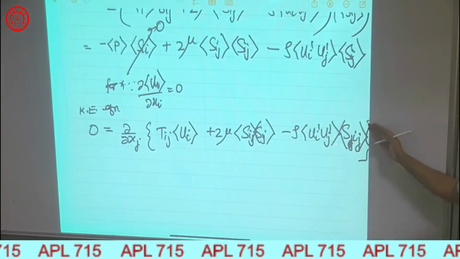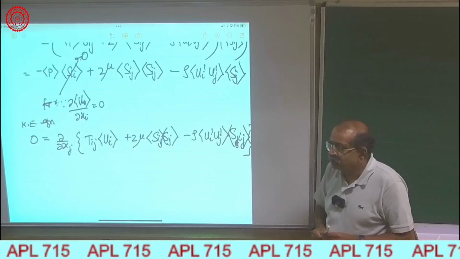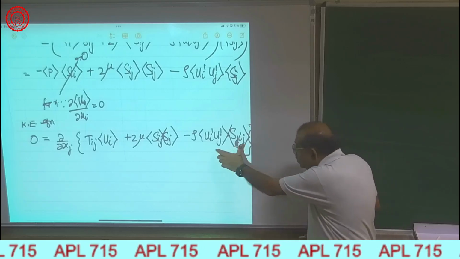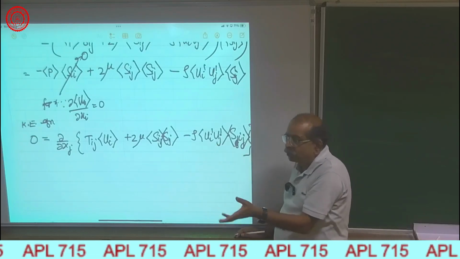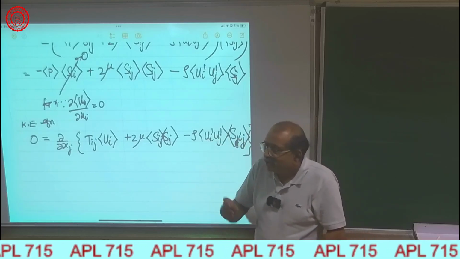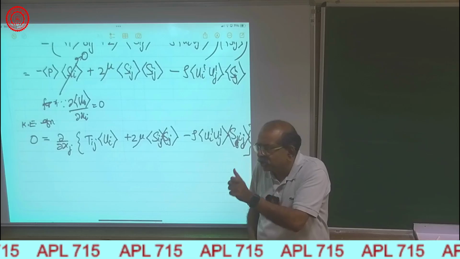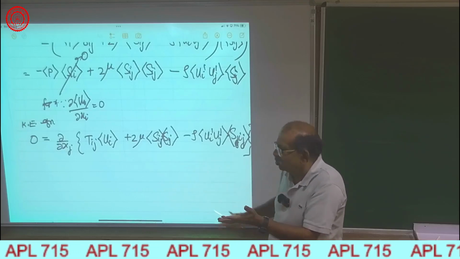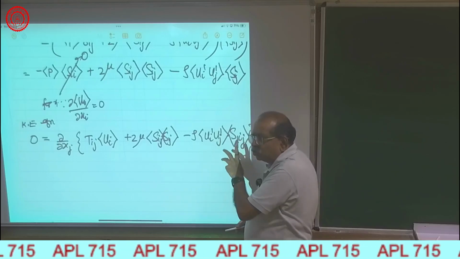Now Sij is the mean velocity part and ui prime uj prime is the Reynolds stress. Now this total term, and we have also shown, or at least observed, though we don't have a proof for that, that ui prime uj prime in general is negative. When we talked of the average, there's a negative correlation between u1 and u2. So here, if we make it, this will become u1 prime u2 prime mean of S12.